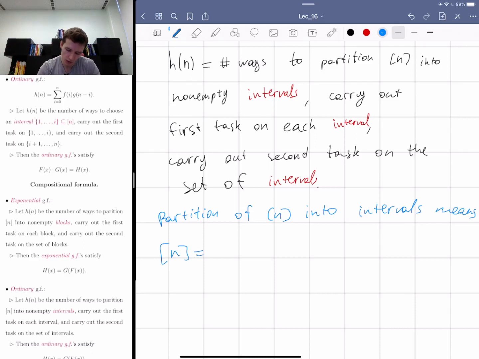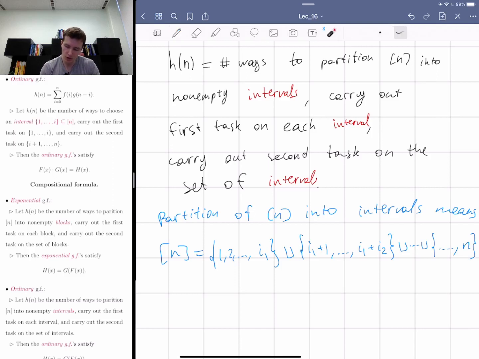So it's like 1, 2, all the way up to I1, union I1 plus 1, all the way up to I1 plus I2, and so on, union and so on, up to n.